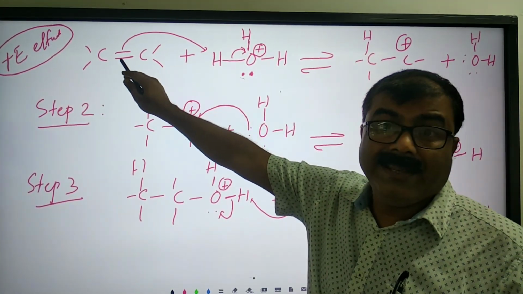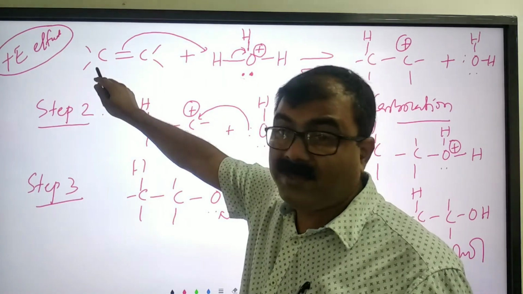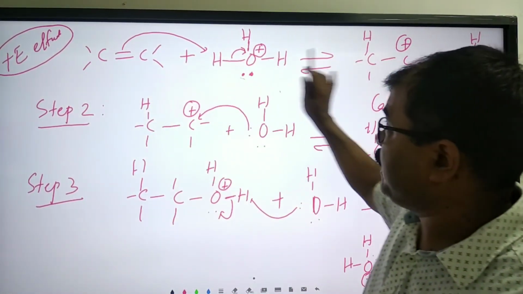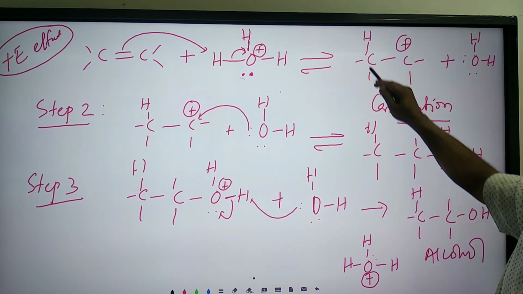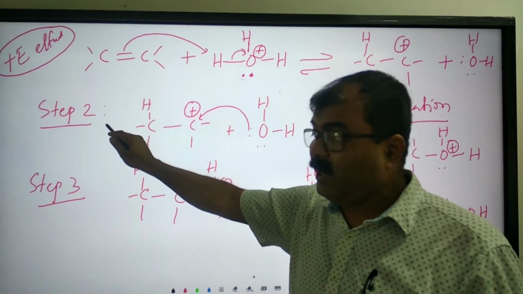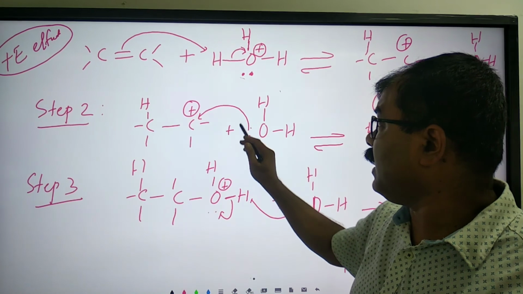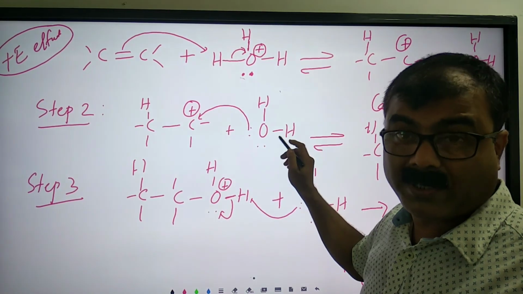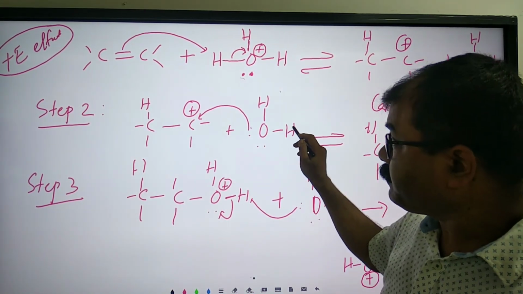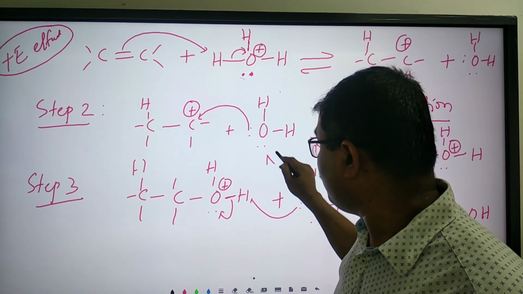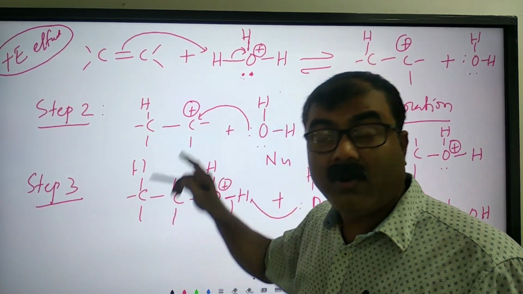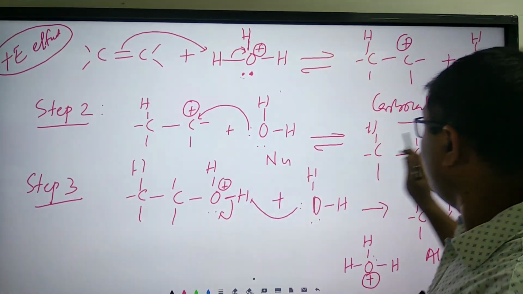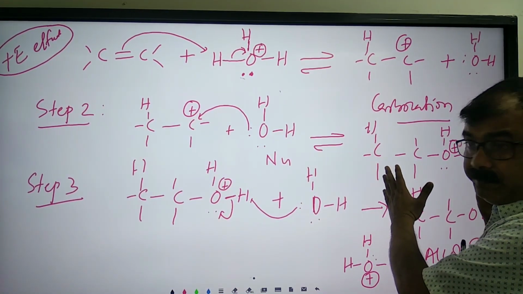Here the electron displacement effect, the plus E effect, is taking place, as I have already explained, to form the carbocation. This is the carbocation. Step 2 is what? Nucleophilic attack on the carbocation by water. Water is the nucleophile and this is the carbocation. Nucleophilic attack on the carbocation takes place to form another intermediate.